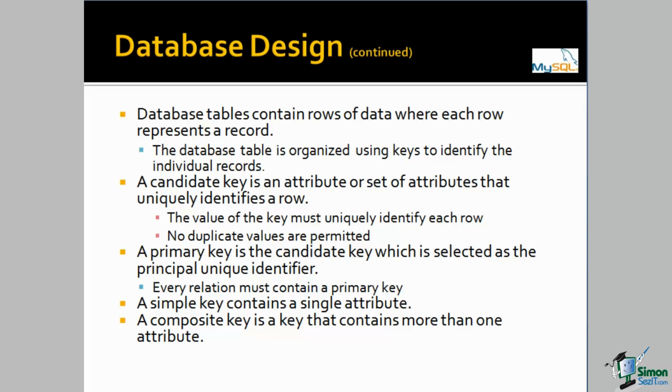That is the key that will be used to uniquely identify the row. Now, to be a candidate key, the value or combination of values that are selected must uniquely identify each row in the table, and there cannot be duplicates, because a duplicate would mean that there is not a unique quality to the key among the rows in the table.